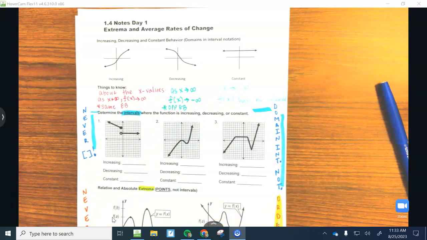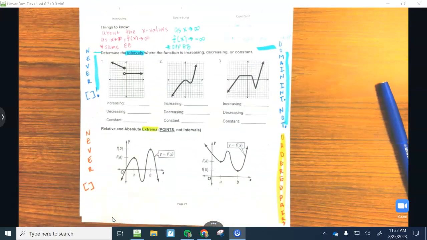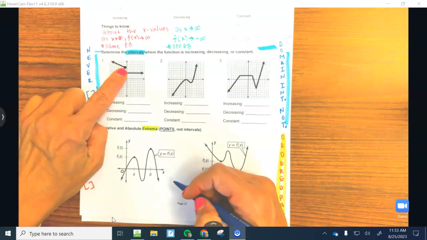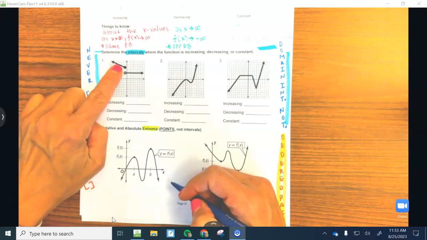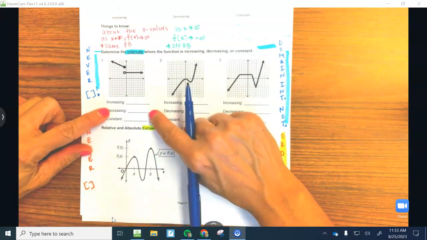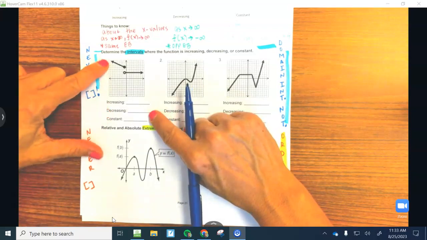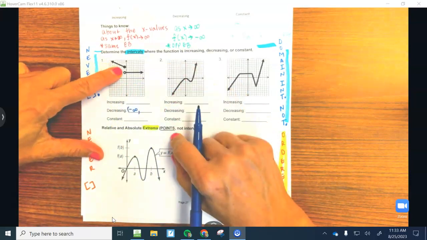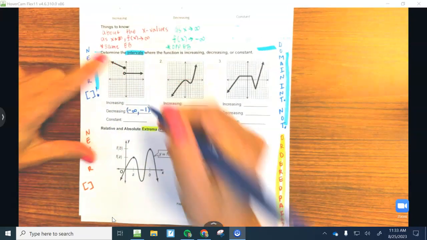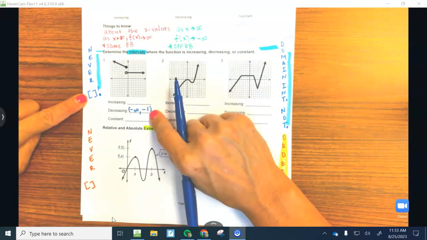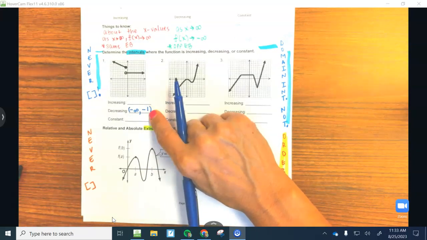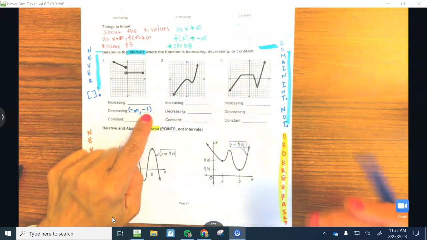Now let's go ahead and look at these graphs. We're just going to trace from left to right. As I trace from left to right, I would go down this page, so this is not increasing. This is decreasing. I'm going to put the x values right here. It decreases starting with negative infinity, and it decreases all the way to -1. Now guys, never ever ever include that end value when you're describing increasing and decreasing, because it is considered a turning point.